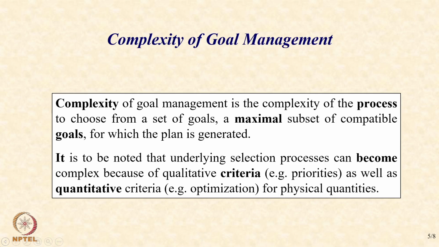You will realize that all these quantitative activities which will involve optimization, as well as qualitative activities which will involve prioritizing the various goals, will bring in definitely a complexity which will make the selection process quite complex.